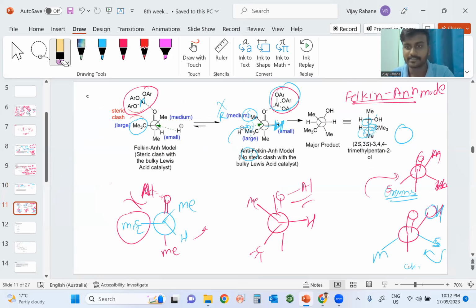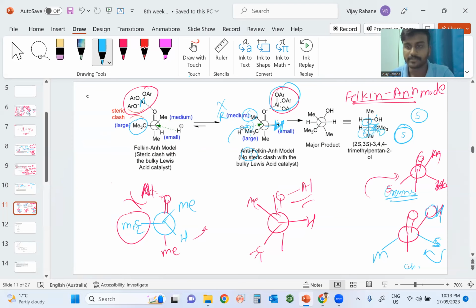It's not getting. So just give the numbering and the configuration should be the same, S, and here 1, 2, 3, which is R, which changes to S. SS, it should be SS.